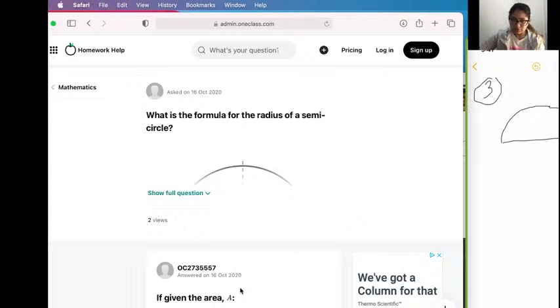To find the radius, we need a formula. The semicircle is half of a circle. So recall that the area of a circle is pi r squared, of a full circle.